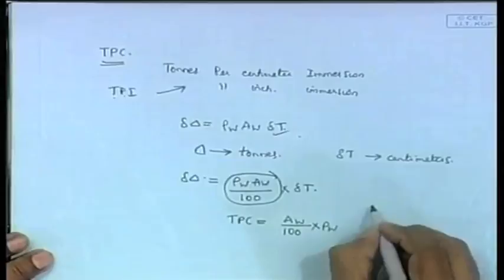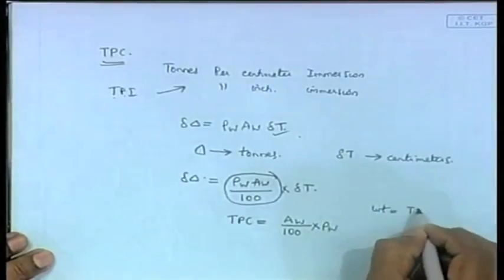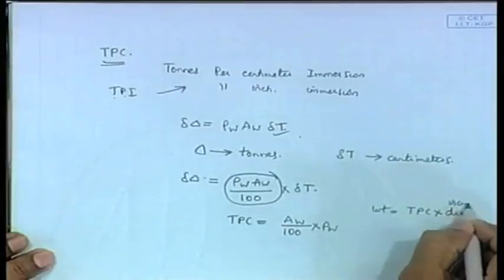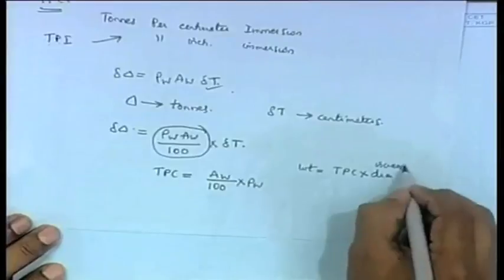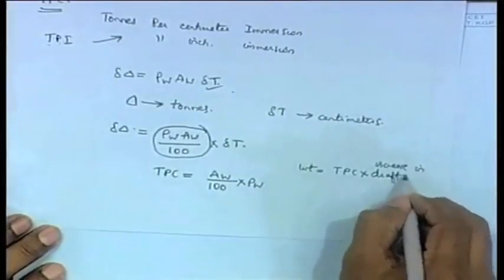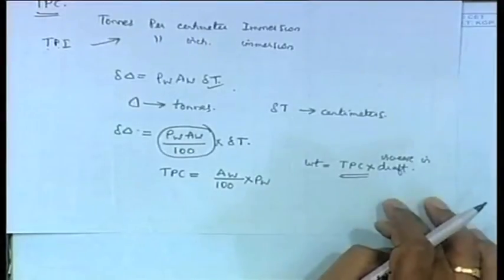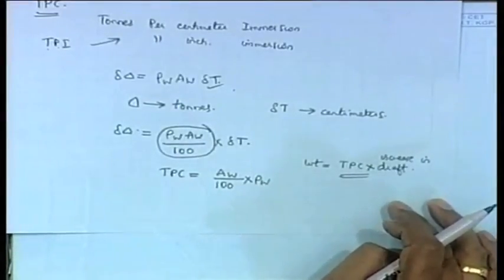So, your weight is equal to TPC into the increase in draft. Just know this formula: TPC is tons per centimeter immersion.